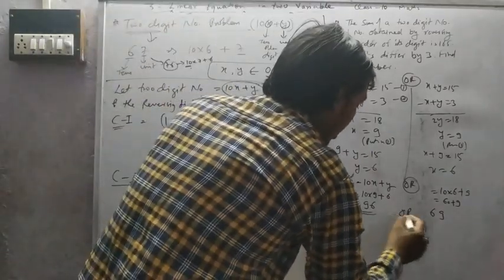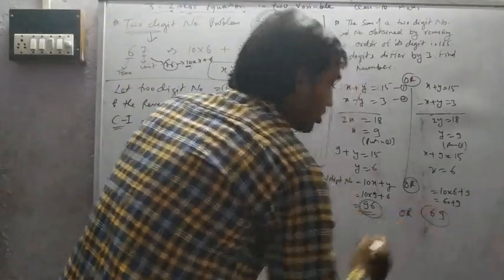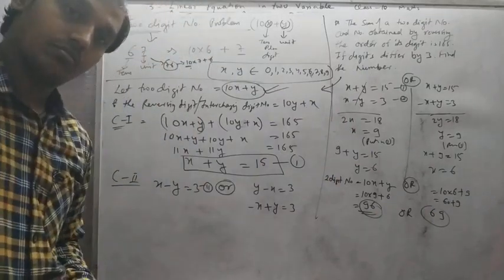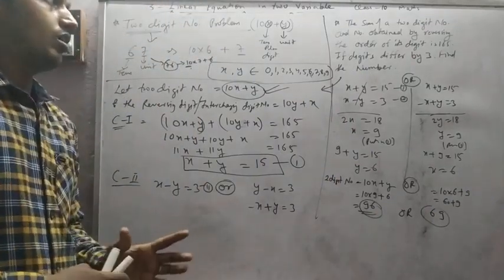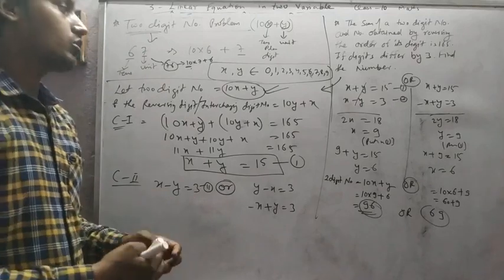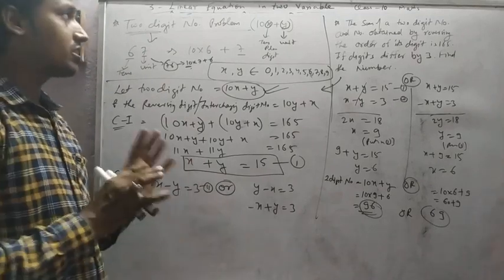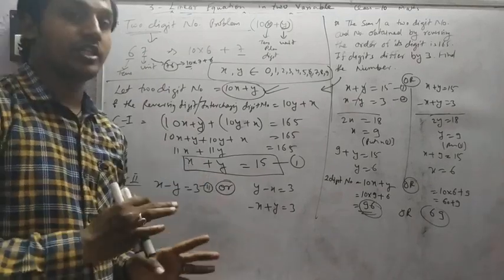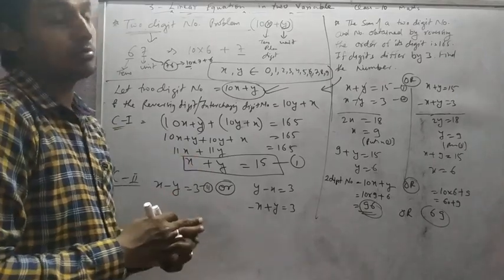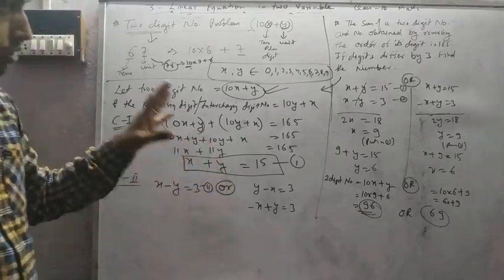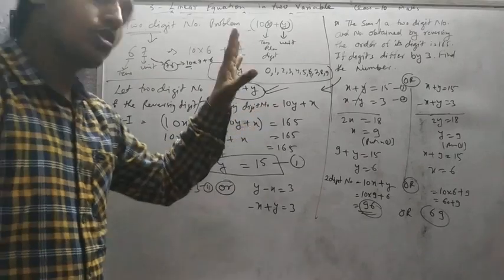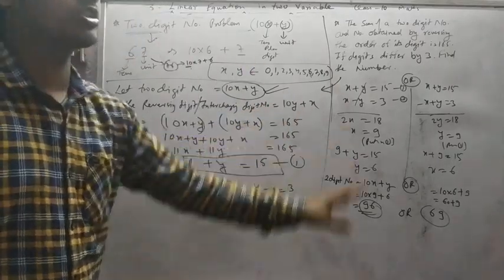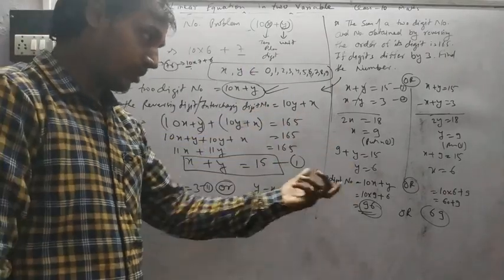So either the number is 96 or 69. Okay. These are such small topics for this chapter, but very important because many times they come in board examinations. So pause the video, note down, and also try to solve some more examples of this. Okay, note down.